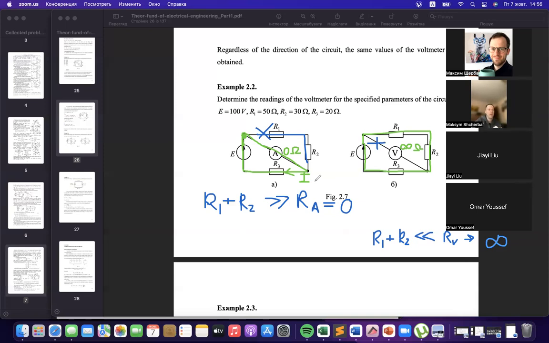On the external mesh, the difference will be in the formula. Both situations could be solved using Ohm's law. The current equals electromotive force divided by the resistivity, but in the first case you have only one resistivity. In the second case, you have all three resistivities: R1 plus R2 plus R3.